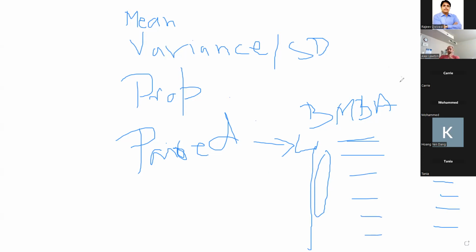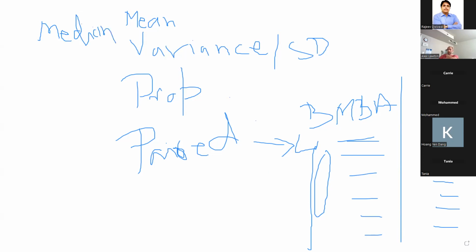Or similarly, after a treatment, somebody is having some health-related problem. Let's say a doctor prescribed a blood pressure medicine.